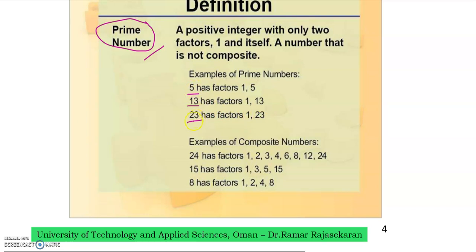Suppose a number has factors other than 1 and the number itself, that is called a composite number. Here, 24 is a composite number because 24 has factors 1, 2, 3, 4, 6, 8, 12, 24. So 24, 15, 8 are examples of composite numbers.